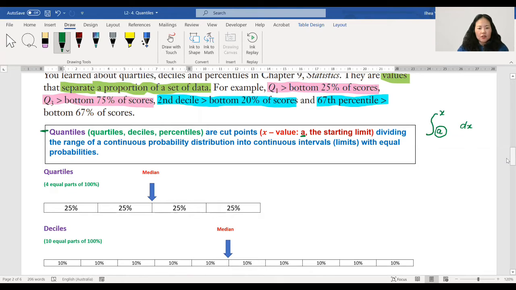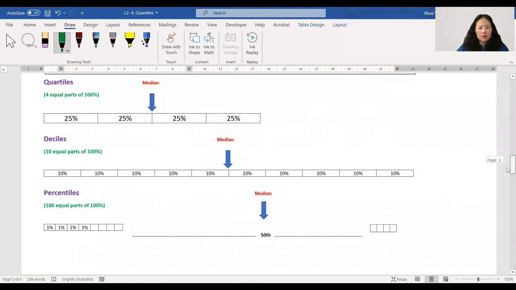Quantiles divide the range of a continuous probability distribution into continuous intervals with equal probabilities. Quartiles are equally parted in 25%, 25%, so equal parts. A decile is 10%, 10 equal parts of 100%.